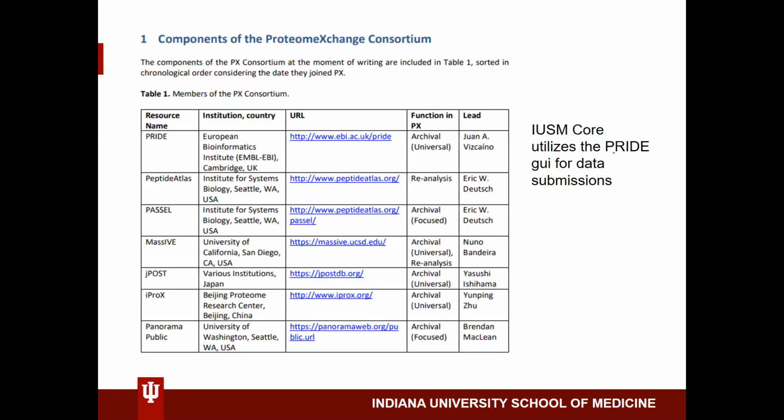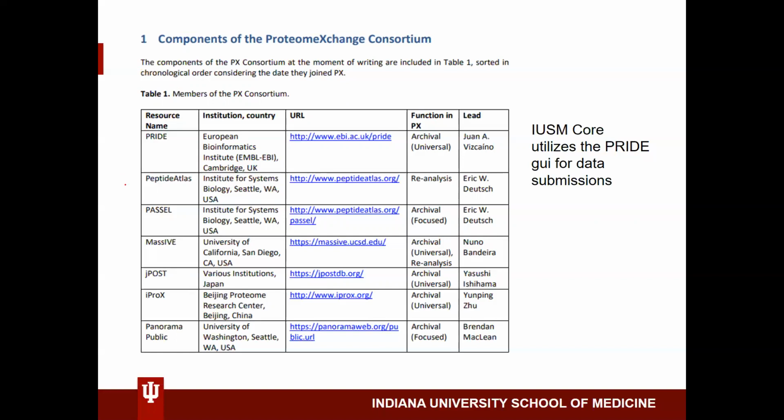So some more components of the Proteome Exchange Consortium. This is where you can view all sorts of projects that have been uploaded. And over the years, the different databases and groups have really come together, and Proteome Exchange has been the final source. And you can see that a lot of these are archival or focused resources.